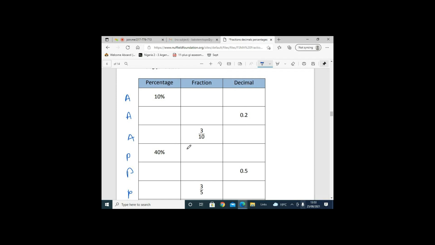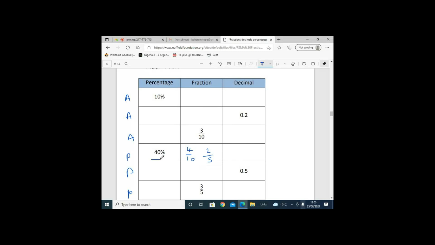The simplest fraction would be 4 over 10. I divided it by 5. Yeah, 4 over 10 is also 2 over 5, if you divide both sides by 2.